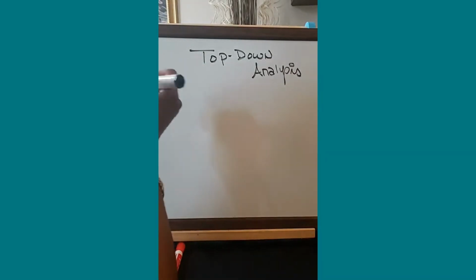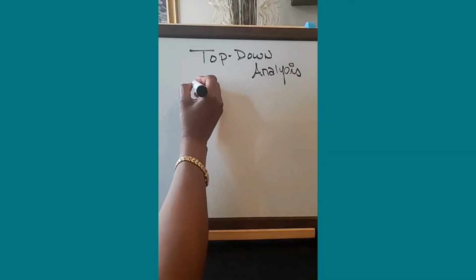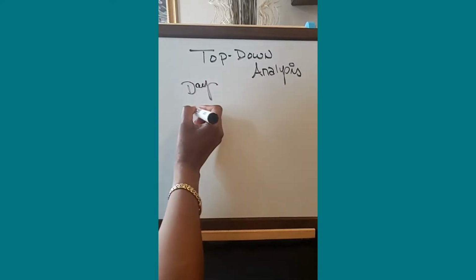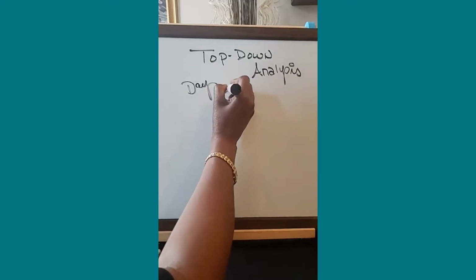Okay, for my top-down analysis, you don't have to do this because I am a day trader. However, I still look at my weekly, and I will tell you why again.